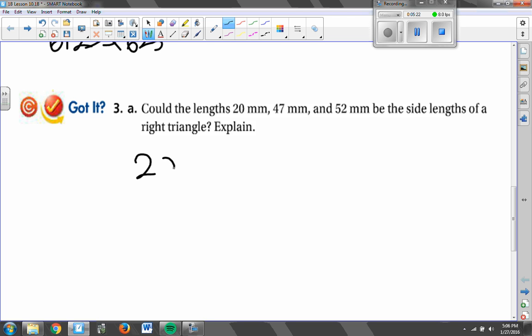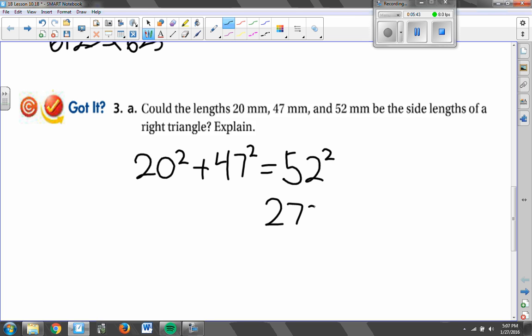All right, we're going to check 20 squared plus 47 squared equals 52 squared. Please make sure the biggest number is always the one you square after the equal sign. 52 squared, if I do 52 times 52, is 2,704. 20 squared is 400. 47 squared is 2209.